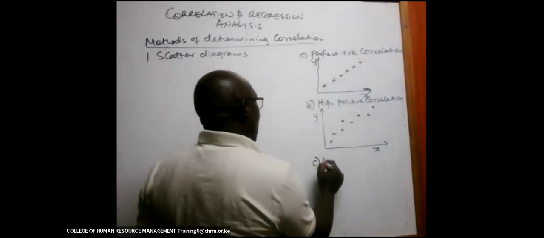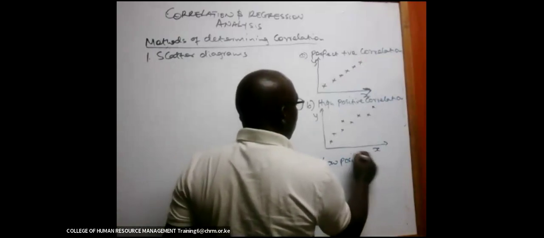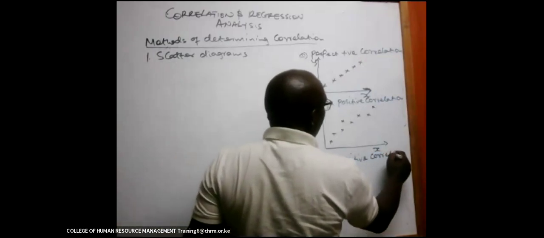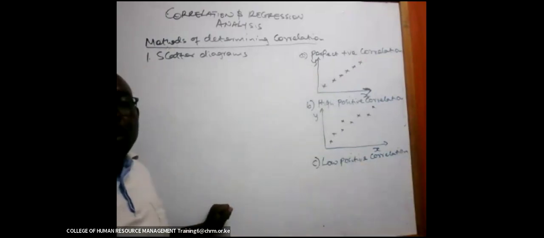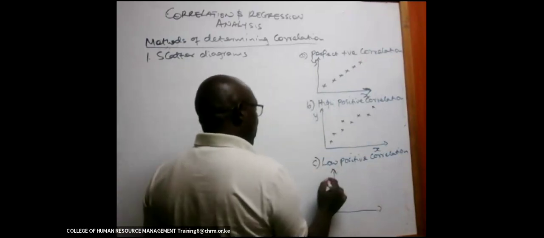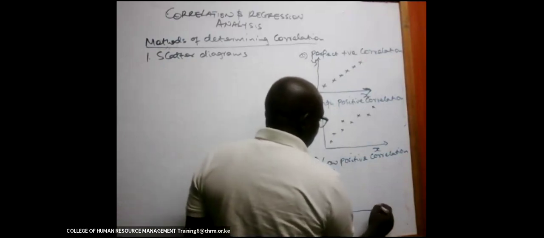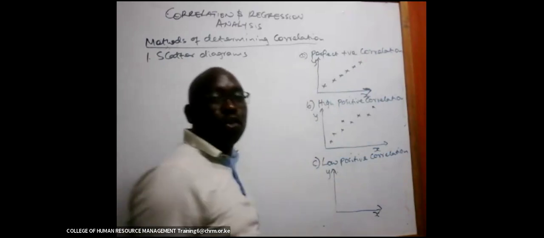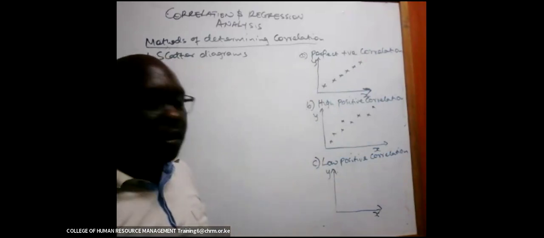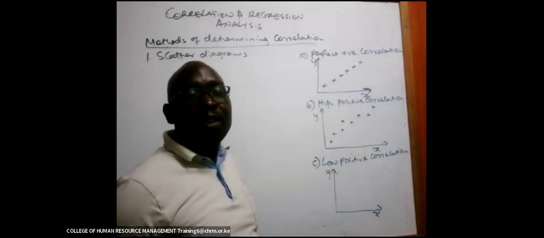Then C, we have a low positive correlation. A low positive correlation, which occurs when the points are showing a positive gradient, but those points don't appear to be making a straight line.